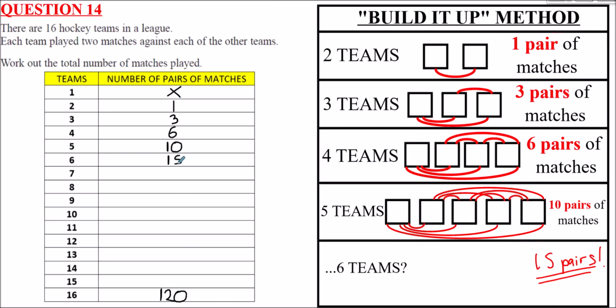That'd be 15, and plus 6 would be 21, plus 7, 28, plus 8 is 36, plus 9, 45, plus 10, 55, plus 11, 66, plus 12 is 78, plus 13 would give you 91, plus 14 gives 105, plus 15 is 120. So it's 120 pairs of matches, not matches in total. 120 pairs, which equals 240 matches in total.